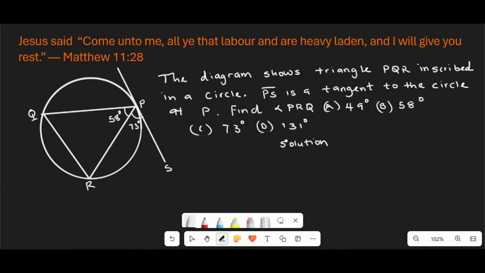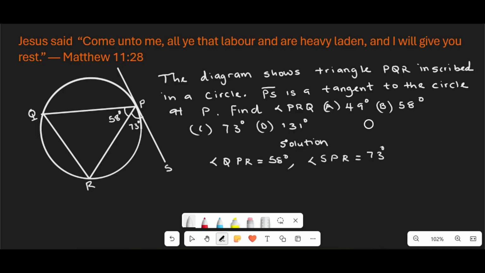In the question we were given that angle QPR is 58 degrees, and angle SPR is 73 degrees.